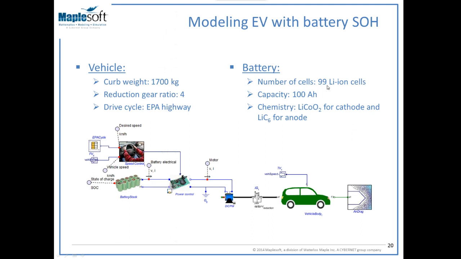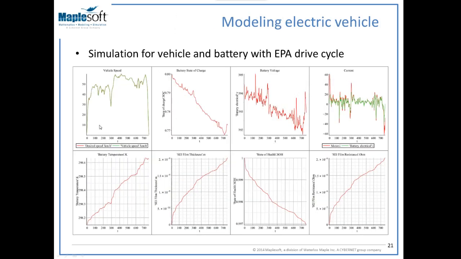We have 99 lithium-ion cells, and the capacity for the battery pack is 100 amp hour, and we use lithium cobalt oxide and graphite for the cathode and anode chemistries. We use the EPA drive cycle to evaluate the performance of the battery pack.